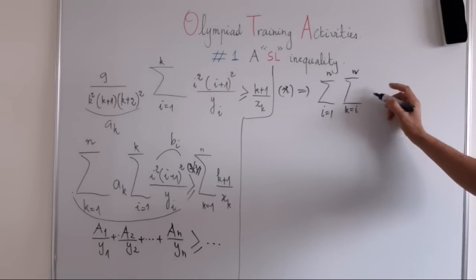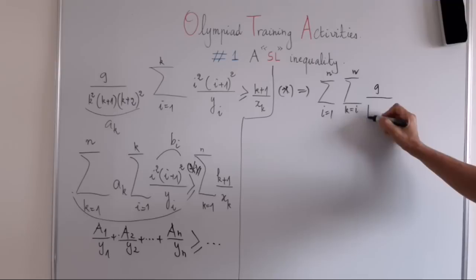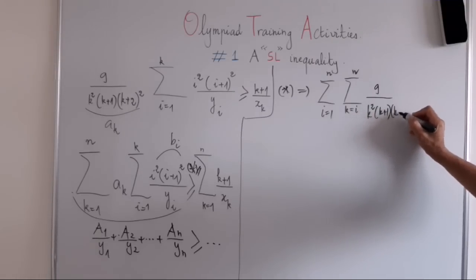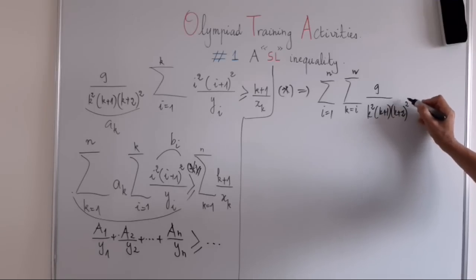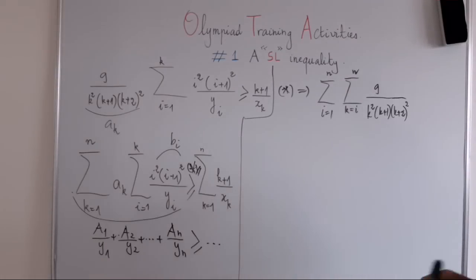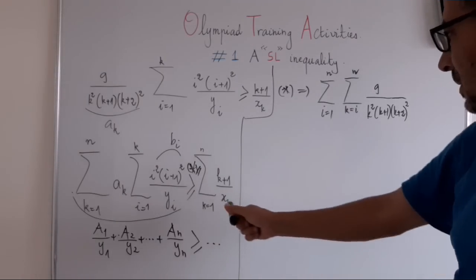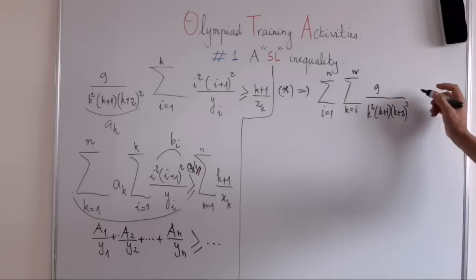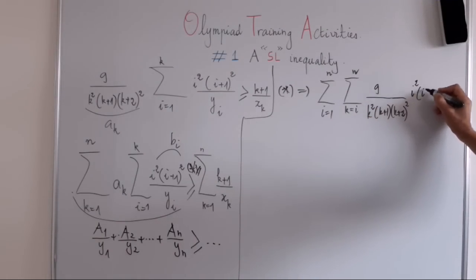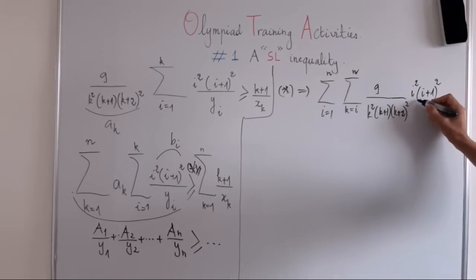And here we have the sum over k of 9 over k squared, k plus 1, k plus 2 squared, okay? And times this term, which is independent from k, i squared, i plus 1 squared, over y_i.